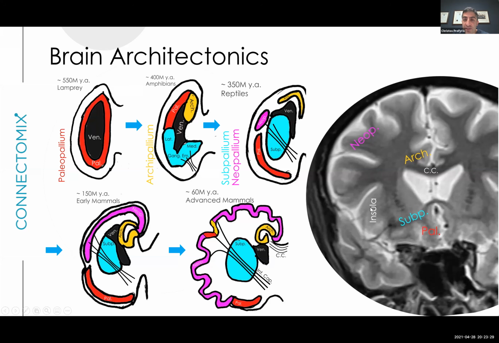So when we're actually looking at the human brain, when you look more closely, there's a lot more evidence of architectonic design of the brain. For instance, the cortex around the cingulum is much older than the surface cortex. And when you look on T2 scans, very often you'll find that the intensity is brighter on the cingulate cortex as opposed to the surface. And that's got to do with its evolutionary origin.